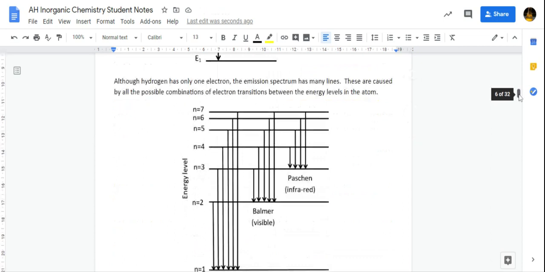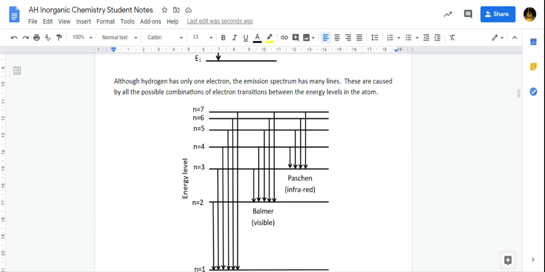So here are a series of the lines that are shown in a hydrogen emission spectrum. Here, where we've got the Lyman series, you can see this is all the transitions that end up with the electron at energy level 1. The Balmer series is a series of lines where the electron falls back to energy level 2, and the Paschen series where it falls back to energy level 3.